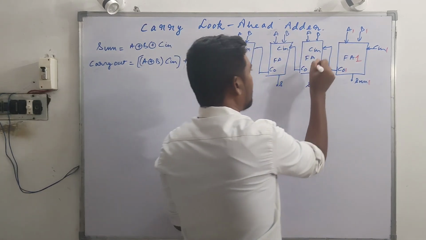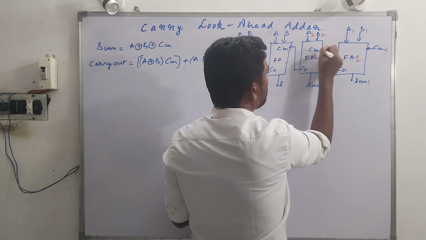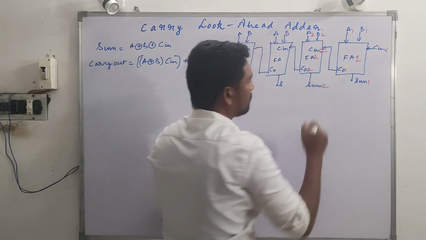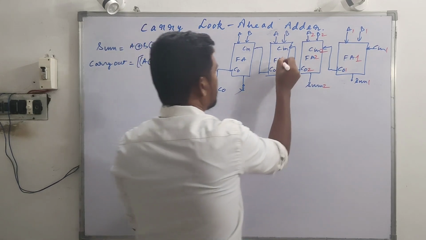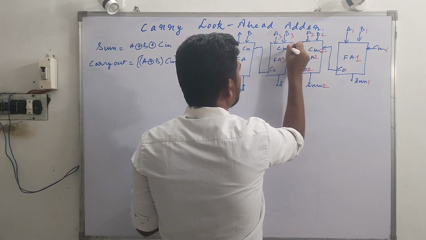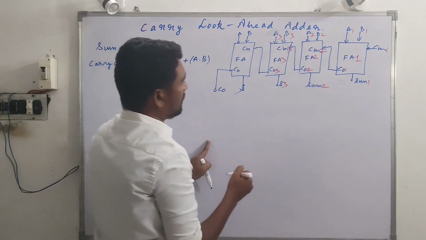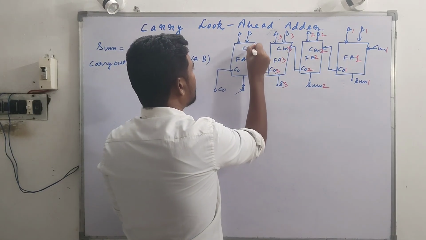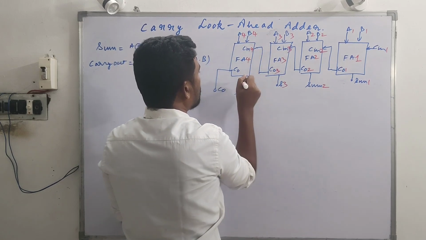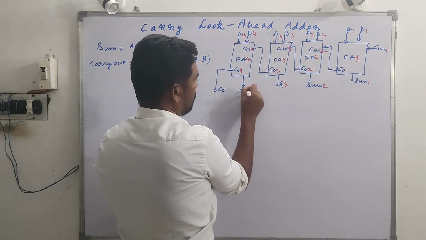The second stage has A2, B2, Cin2, Cout2 and sum 2. The third stage has A3, B3, Cin3, sum 3 and Cout3. And the fourth stage has A4, B4, Cin4, carry out 4 and sum 4.